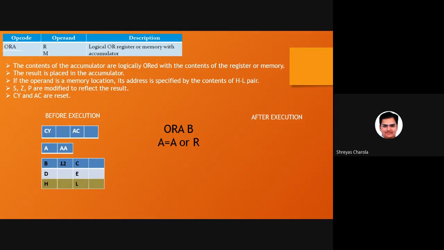Same with ORA. Okay, here I wrote ORA B. Perform the operation and tell me what should be the content of the accumulator after performing the OR operation.